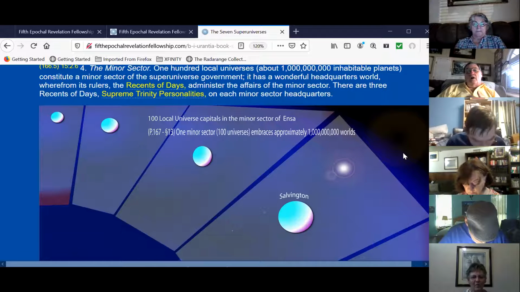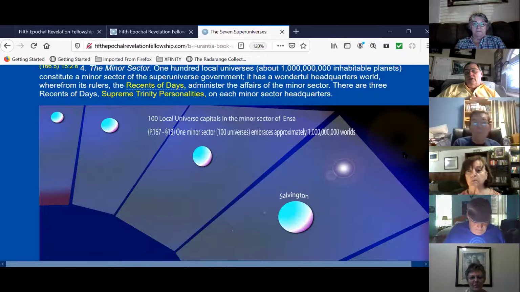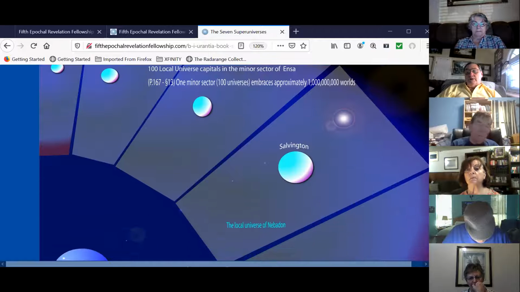That's the name of our minor sector, Minor the Third. Okay, and each one of these has a capital for its local universe. This is what this is supposed to represent. So each minor sector has 100 local universes, and altogether that means about 1 trillion worlds, right?